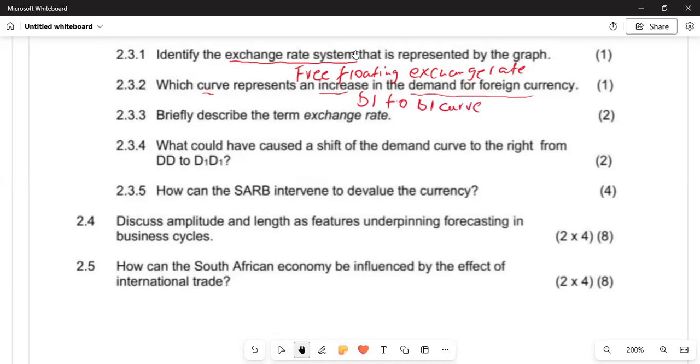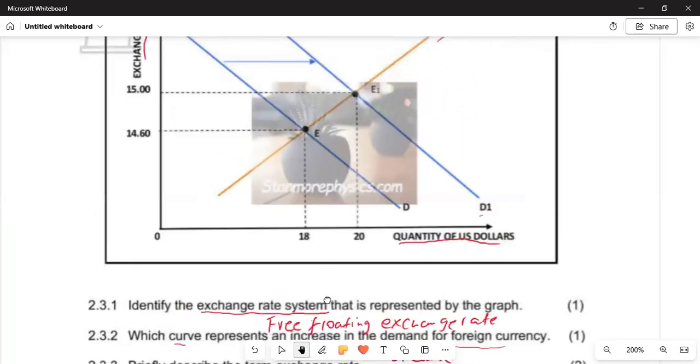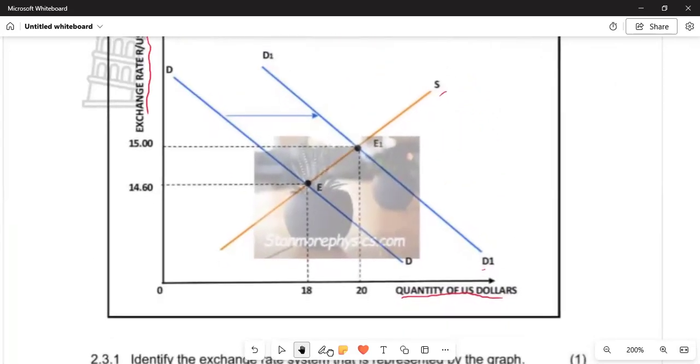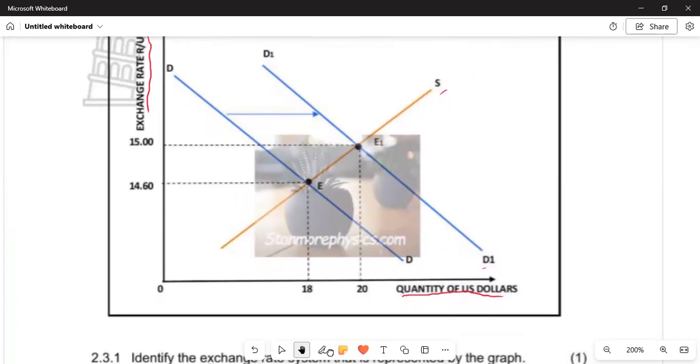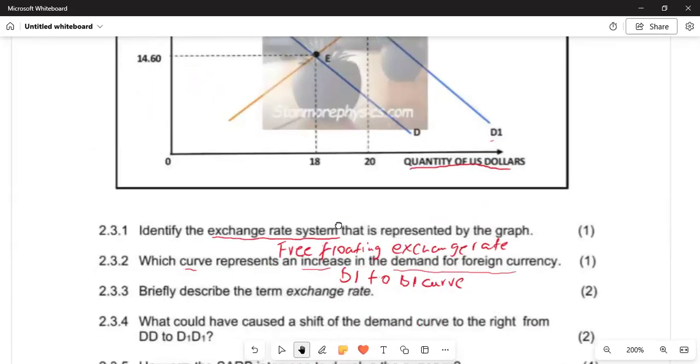That is the correct answer, as you can see here from the graph.